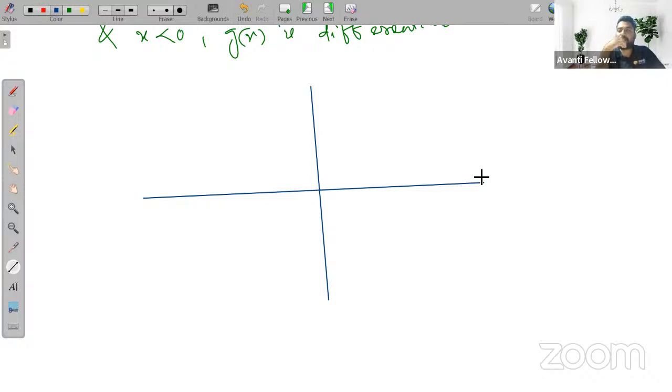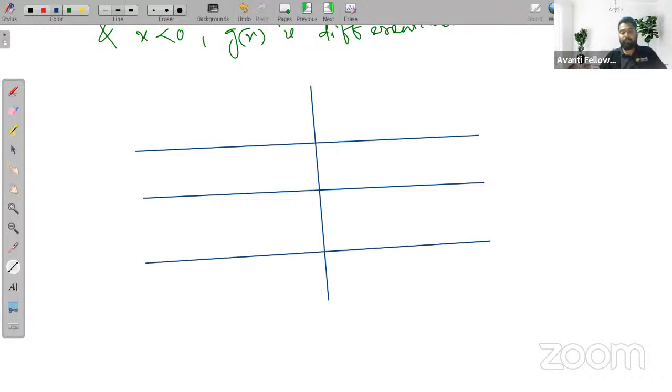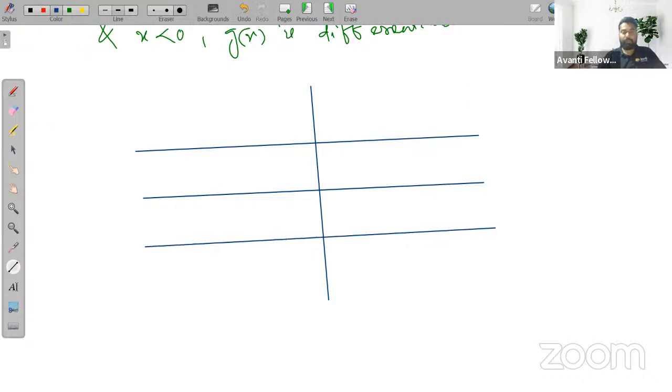So the maximum value will be 1 and the minimum value will be minus 1. Yes, maximum value will be 1 and minimum value will be minus 1. So suppose this is the line y is equal to 1, and this is the line y is equal to minus 1.